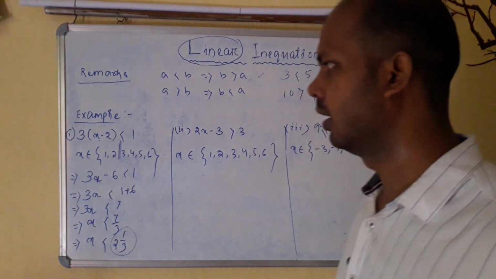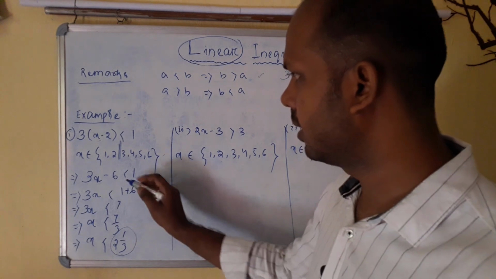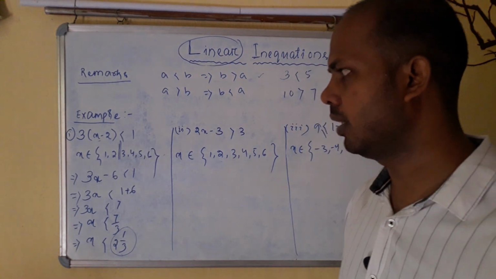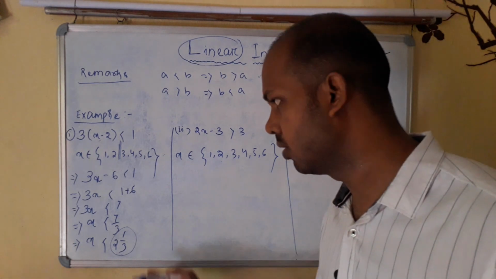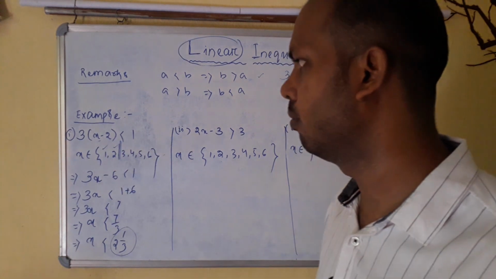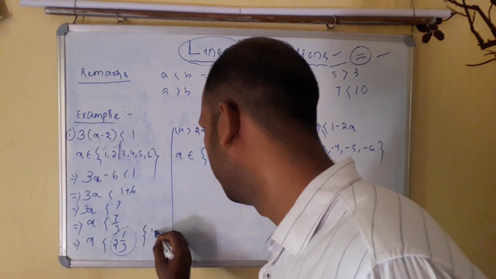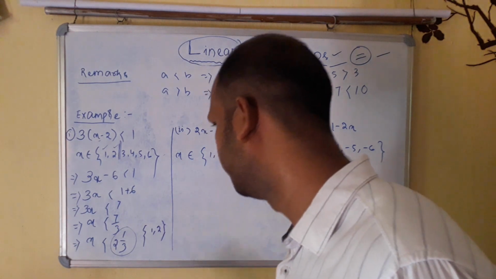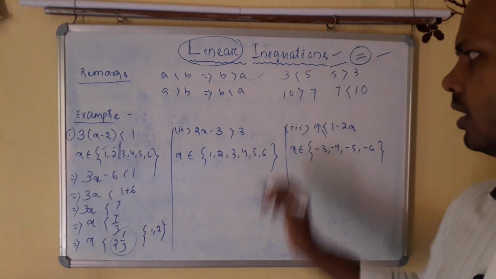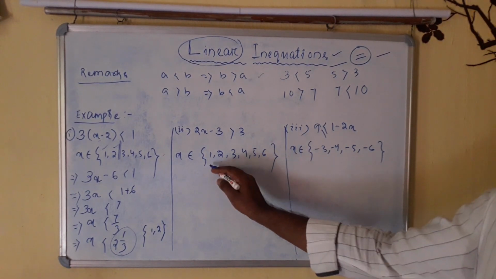Yes or no? In between 2 and 3. The question is less than 2 whole 1 by 3, so we have to select 2 and 1. So the solution set is 1 and 2. Clear?